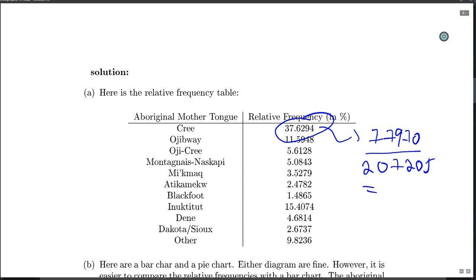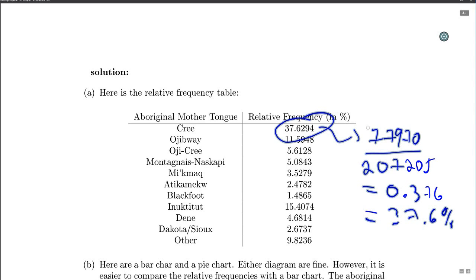When you do the ratio, you'll get 0.376 in your calculator, which represents about 37.6%. Okay, so the relative frequency for Cree is 37.6%. And so we do the same for the other categories.